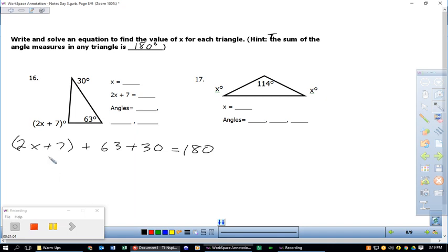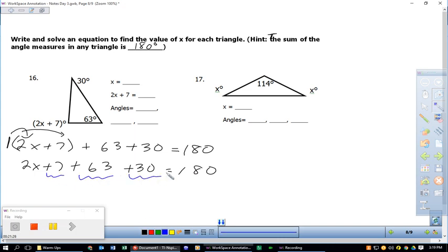We can drop the parentheses here, so we get 2x plus 7 plus 63 plus 30 equals 180. If you add the like terms together, 7, 63, and 30, you get 2x plus 100 equals 180.